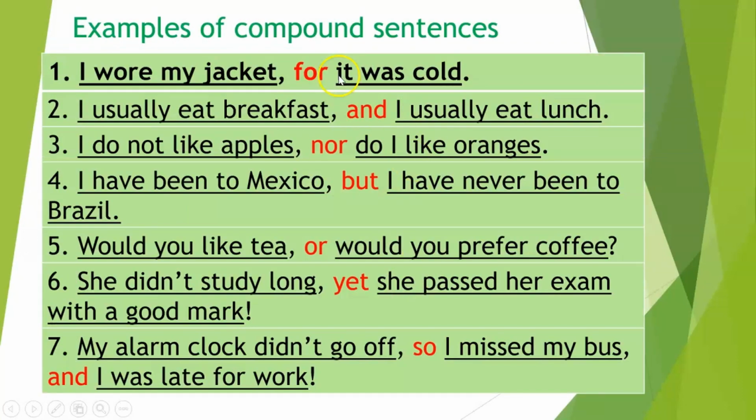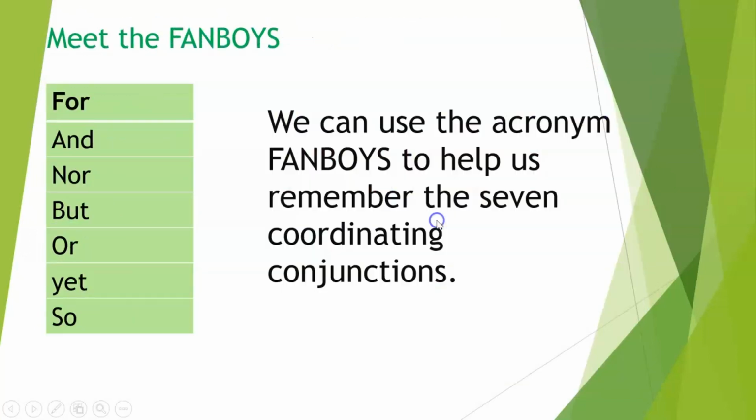So these words are what we call coordinating conjunctions, and there are 7 of them. So we can use this word fanboys to help us remember for, and, nor, but, or, yet, and so.